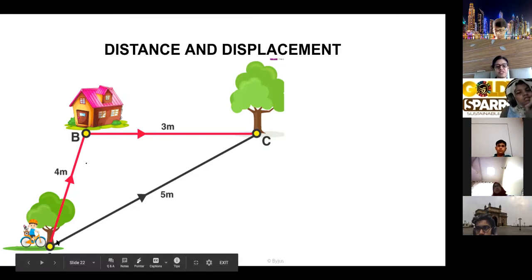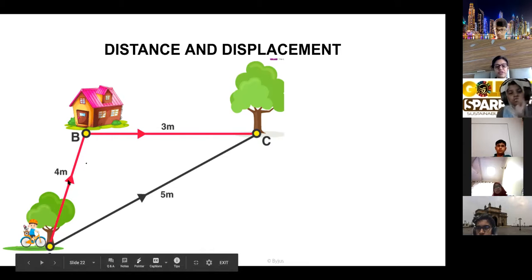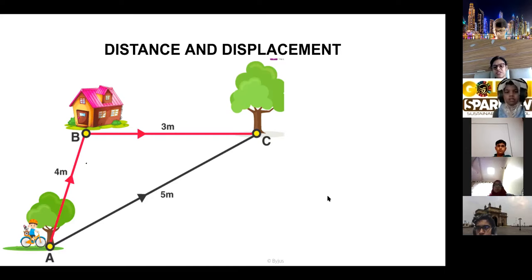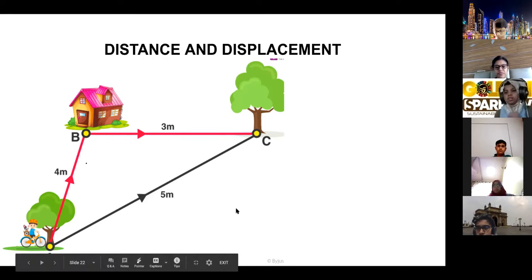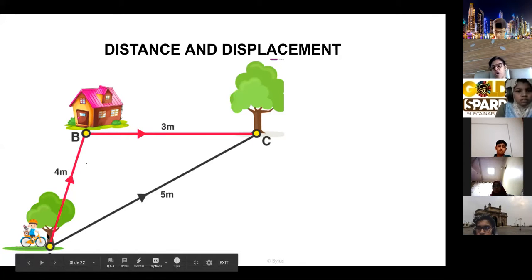Now, what is the distance covered over here? First, he starts from here, goes here, and then reaches here. So what is the total distance covered? 7 meters. So the distance is the total path covered by the person or the object. But the displacement is the shortest distance between the initial position and the final position.